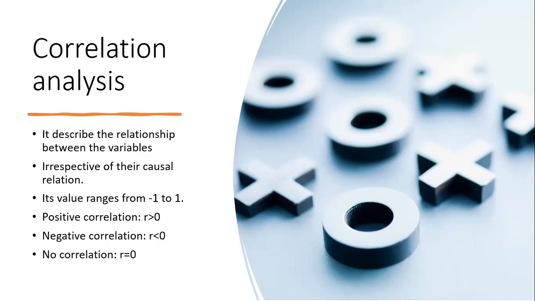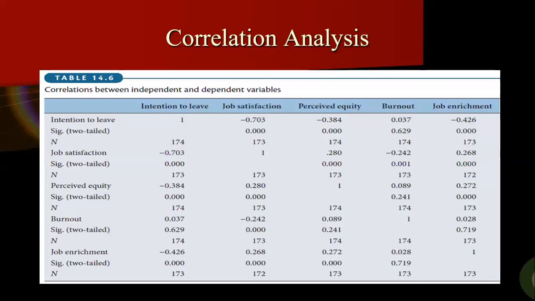And if the value of the correlation coefficient is less than 0, that means that pair of variables has negative relationship. And if the value of the correlation coefficient is equal to 0, that means that pair of variables has no relationship. Let me give you the example.